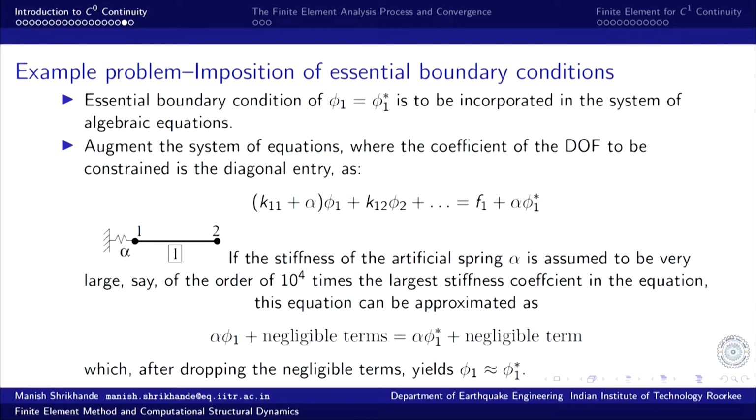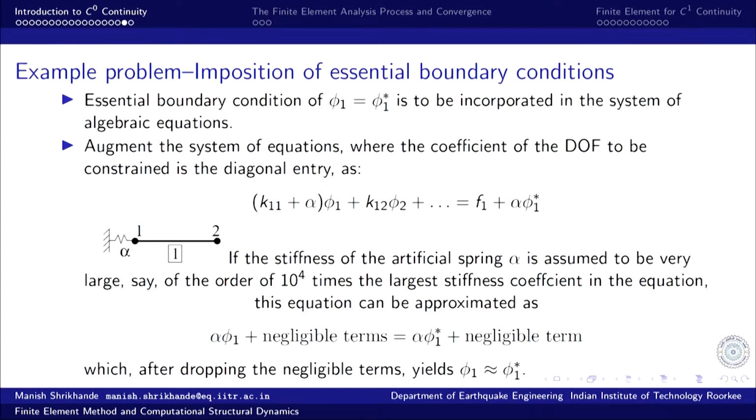And once the element level equilibrium equations are established, those are assembled into a global system of equations, and after that global assembly, whatever essential boundary conditions are specified for the problem are imposed using this very simple penalty function approach, or the stiff spring approach as it is called.